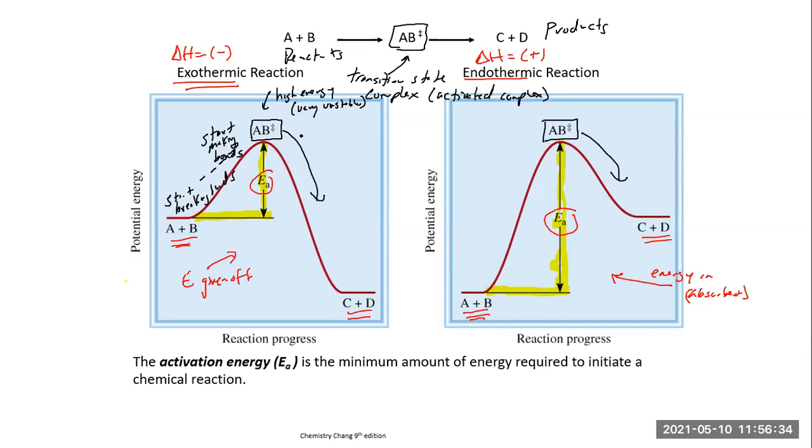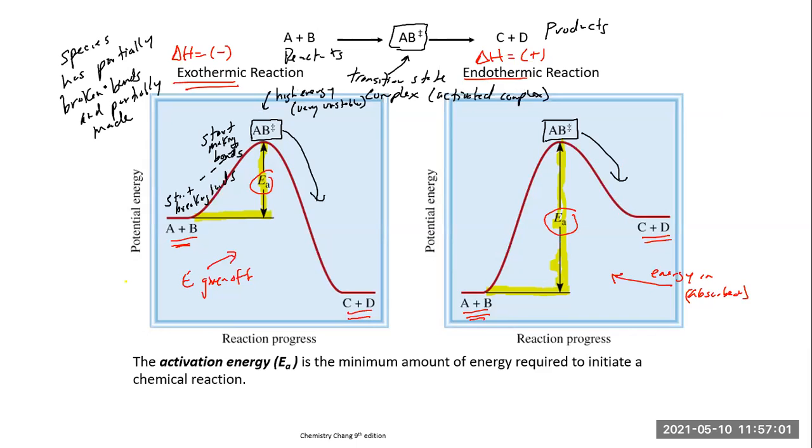This activated complex is usually a species that has partially broken bonds and partially made bonds, so it's very high in energy. You've got these bonds simultaneously breaking apart and new bonds forming, happening at the very top there.